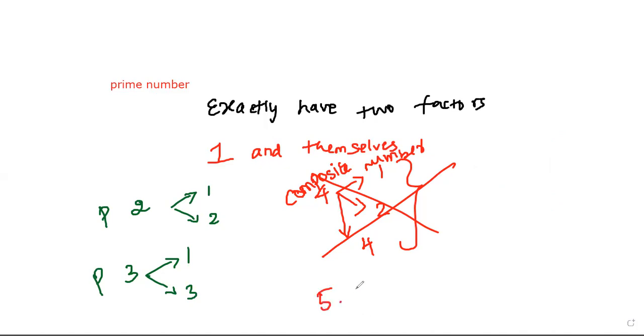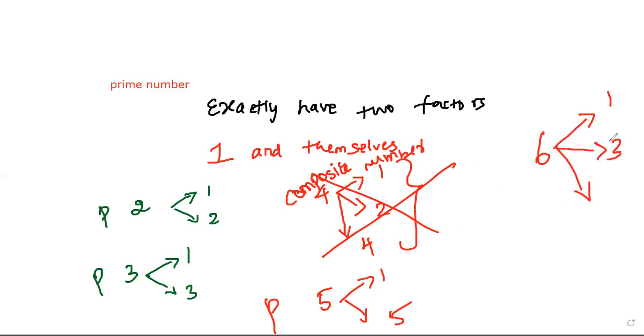We know 5, we discussed 5, 1 and 5. And if you take 6, what happens to 6? 2 3s are 6, isn't it? So it has 4 factors. 6 can be divisible by 1, 6 can be divisible by 6, 6 is divisible by 3, 6 is divisible by 2. You do have 4 factors. So this is a composite number. 6 is a composite number.